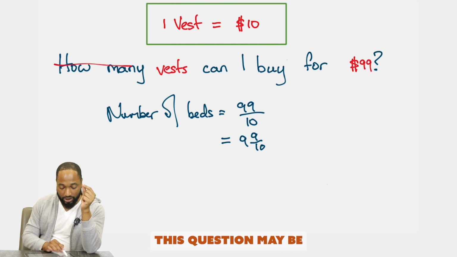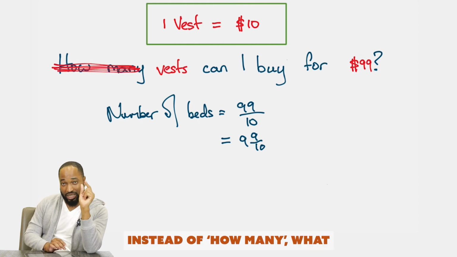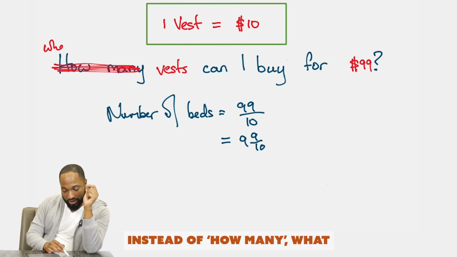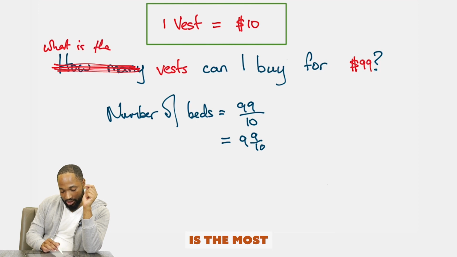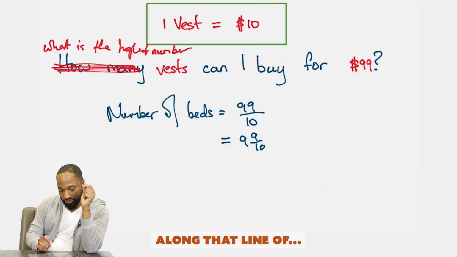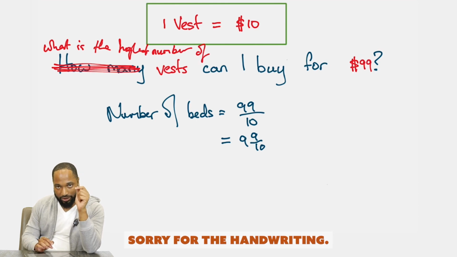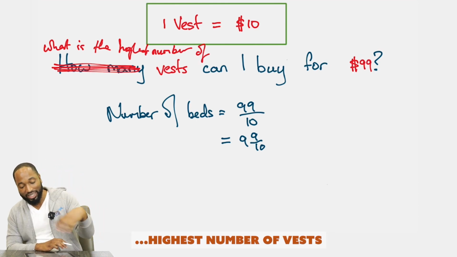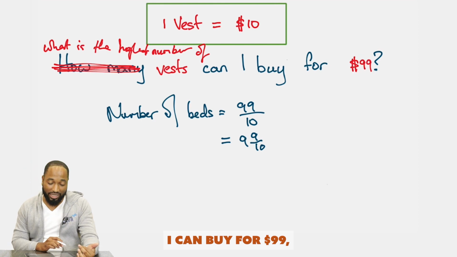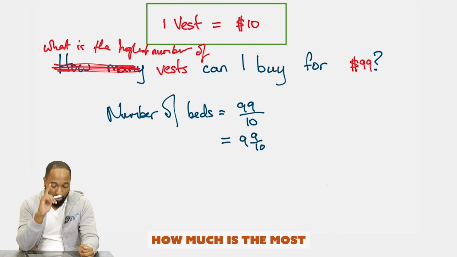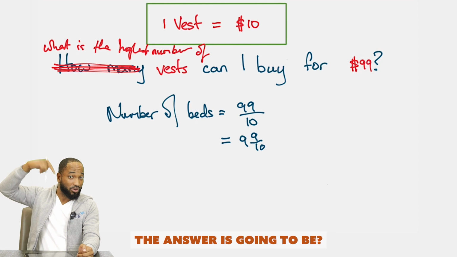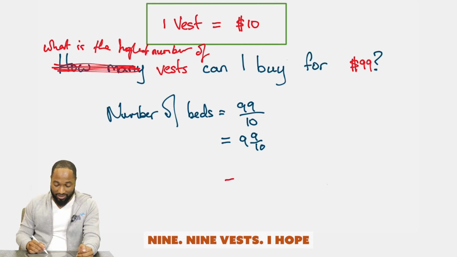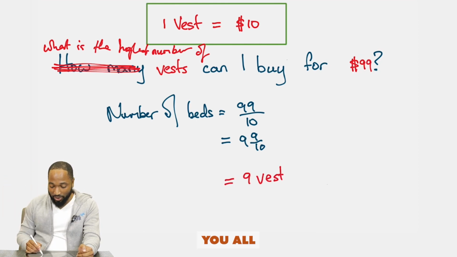So once again, this question may be phrased as, instead of how many, what is the most number or the highest number of vests I can buy for $99. They want to know how much is the most. And do you know what the answer is going to be? 9. 9 vests.